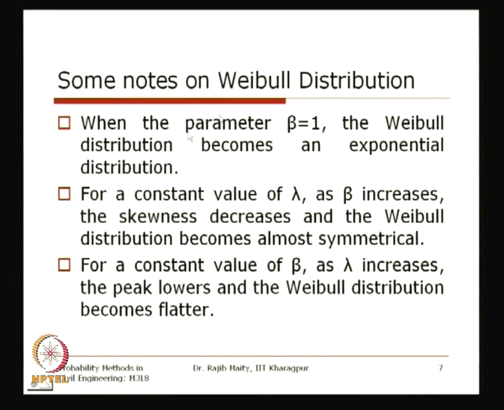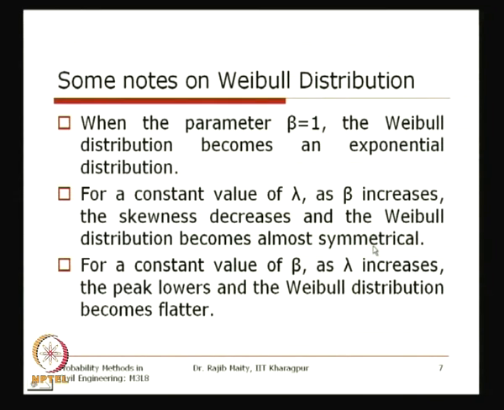For a constant value of lambda, as beta increases, the skewness decreases and the Weibull distribution becomes almost symmetrical.